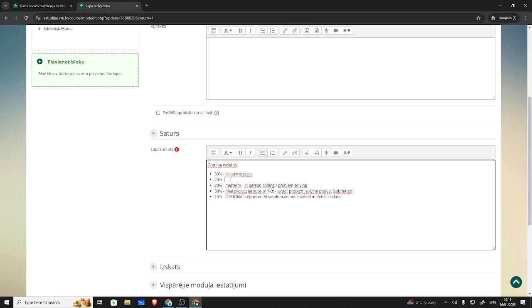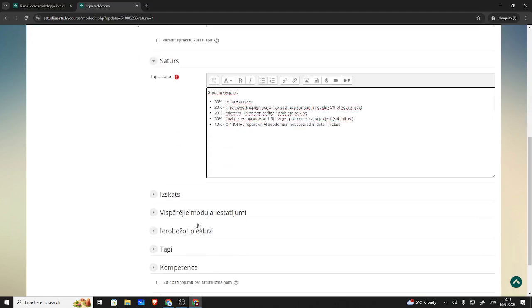So with 4 homework assignments, each is worth about 5% of your grade. So each assignment you complete will be 5%. Okay. That makes sense.